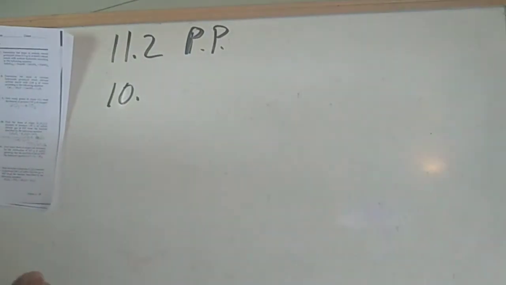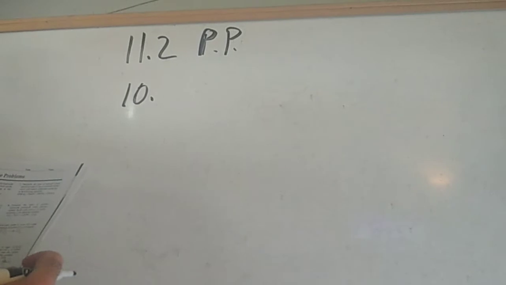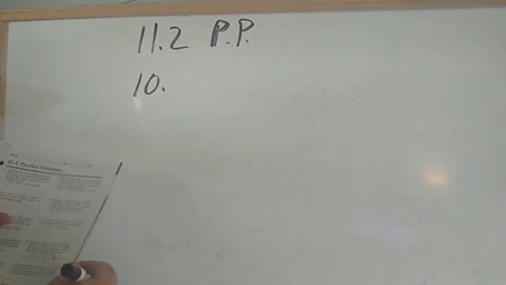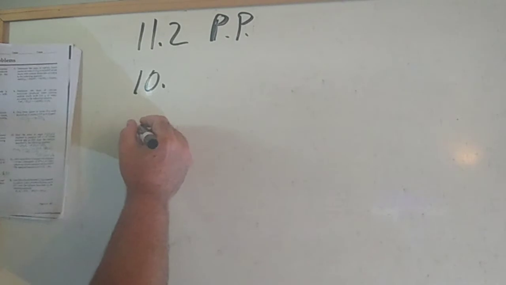Let's do number 10, because again, it's a decomposition of good old glucose, another one that we see quite a bit. This one here, it says we have liters of carbon dioxide at standard temperature and pressure. How many grams of glucose will that give me? So I'm just going to start this off to save a little bit of time.